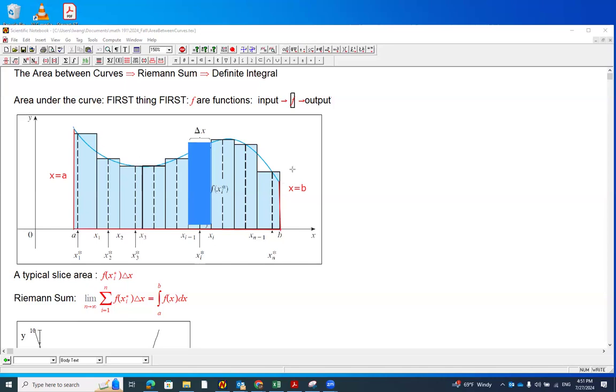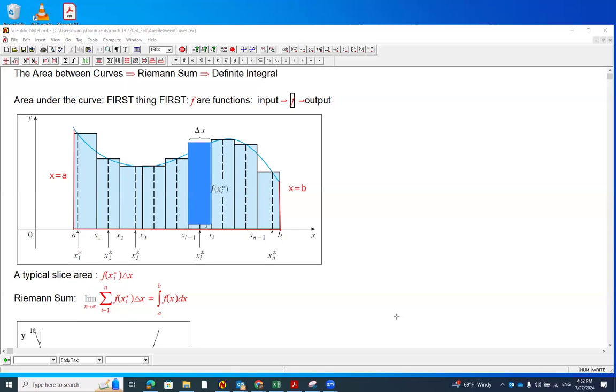When we apply this technique, we construct the typical slice area, and then we take the limit. We get the Riemann sum, we take the limit of the Riemann sum, and we get the definite integral. This method works for a three-sided straight line and one curve, and that curve is a function which passes the vertical line test.